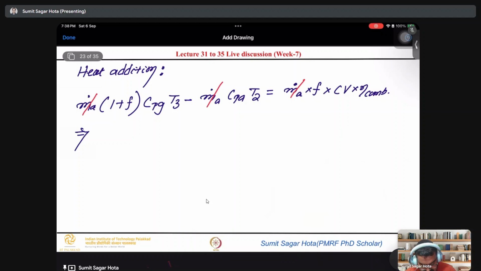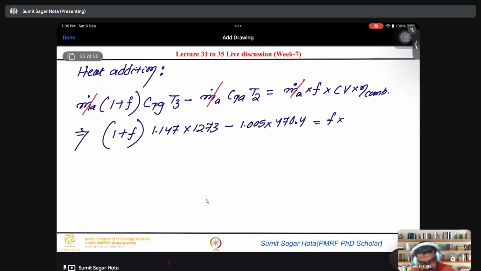From here we can actually calculate F. (1 plus F) into CPG, already we have 1.147, into 1273 minus CPA 1.005 into 470.4 is equal to F into calorific value of the fuel, 45870, with combustion efficiency taken as 100%, that is 1.